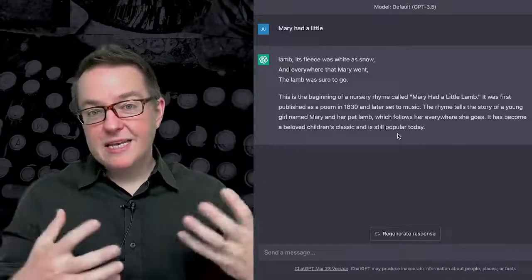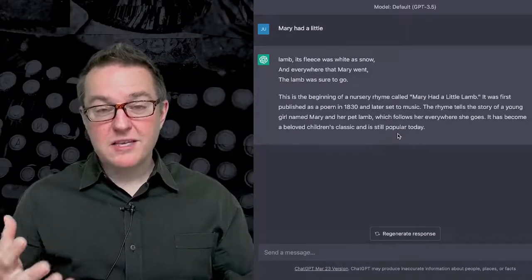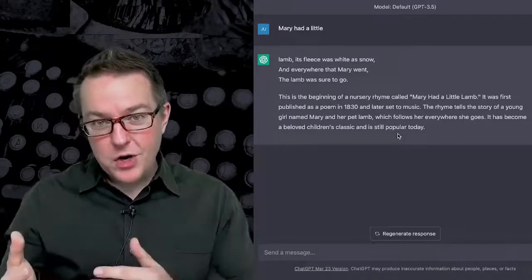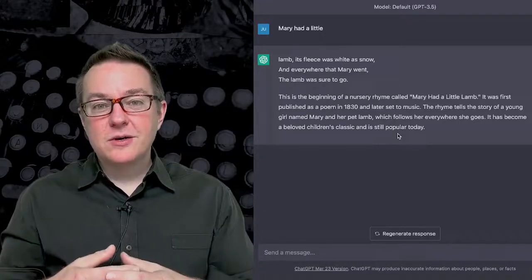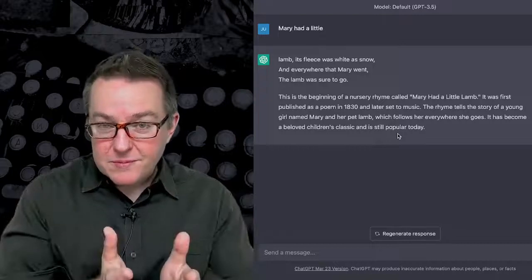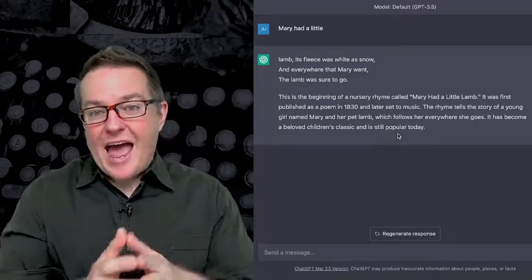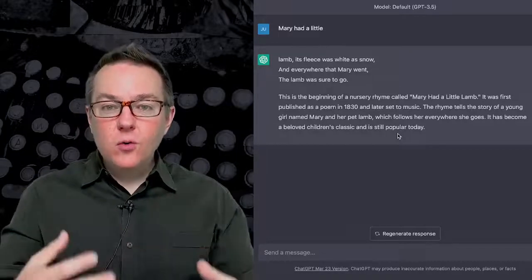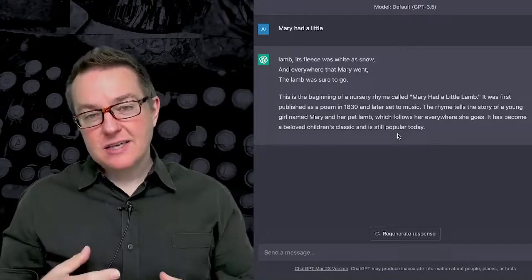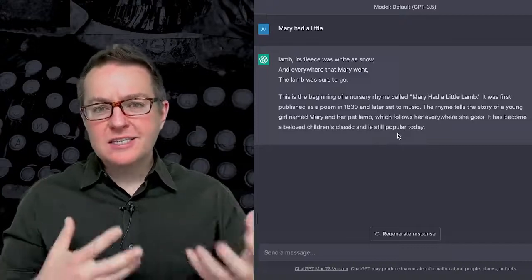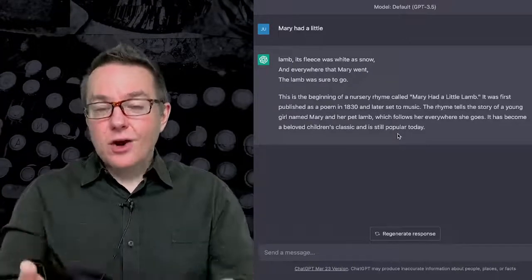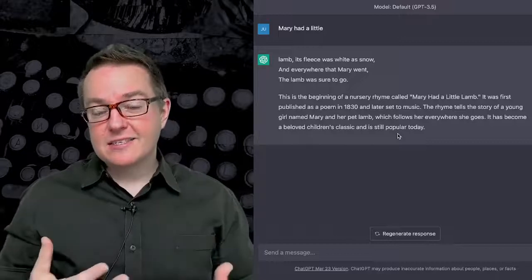Now, in many cases, we might have specific words we want. For example, we may want the large language model to tell us yes or no. We may want it to summarize something. We may want it to ask us questions. We may want it to always include certain things in its output. All of these things are problems that we might want to solve. How do we make sure it always includes these things in its output?